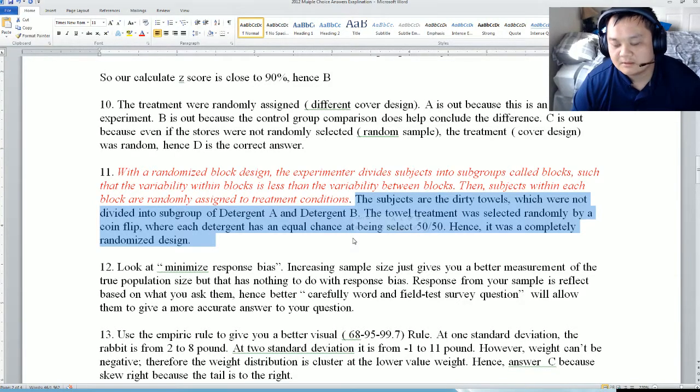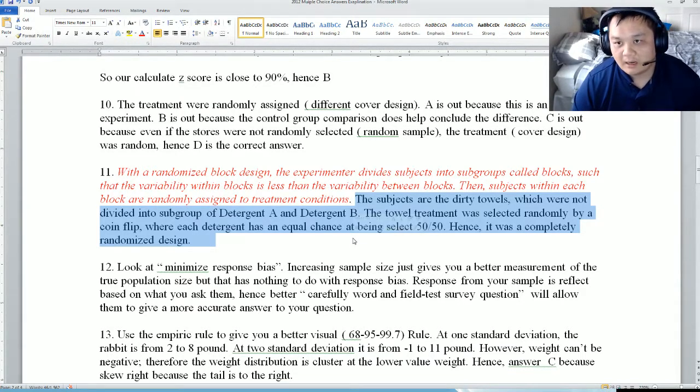So what if we change this experiment into a block design? How can we change it? For it to be a block, you have to divide the subjects.